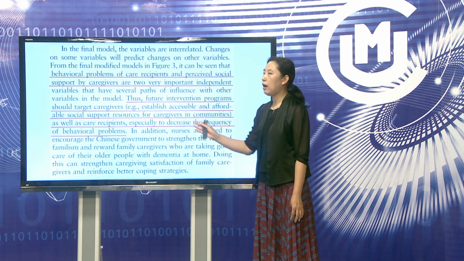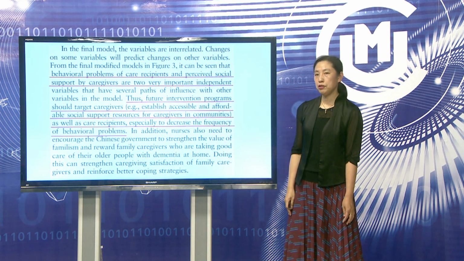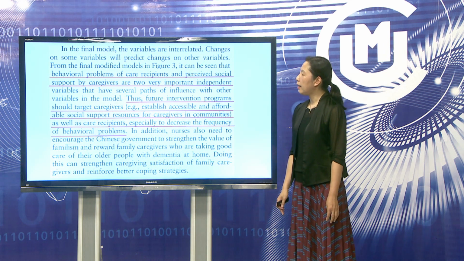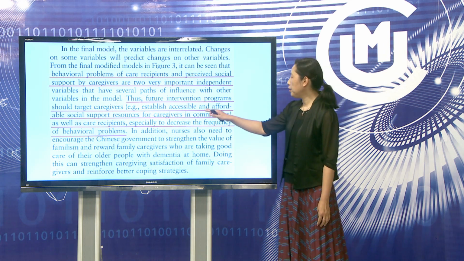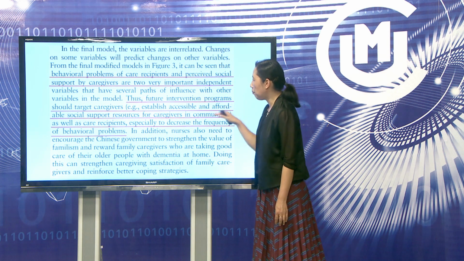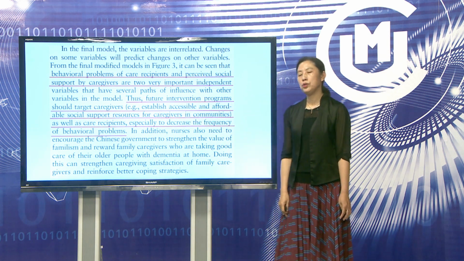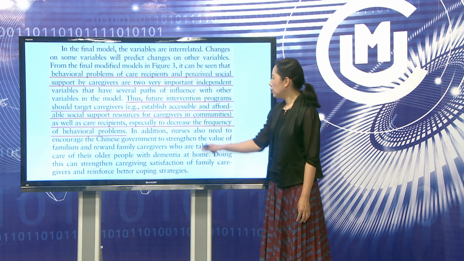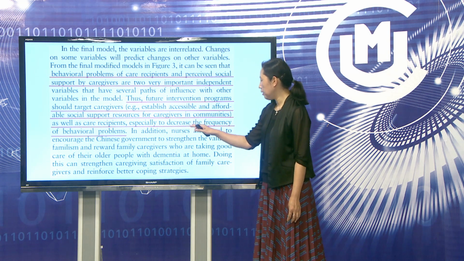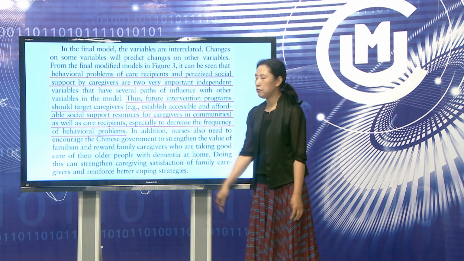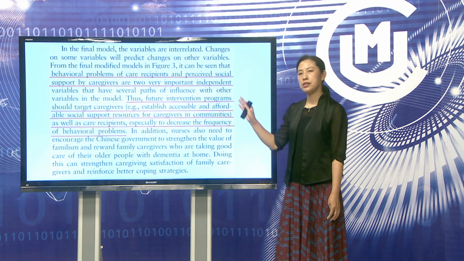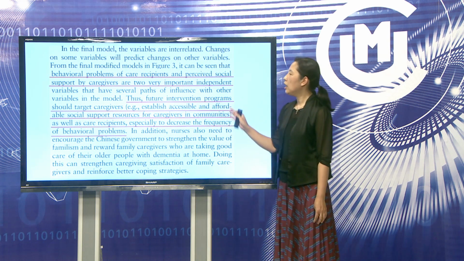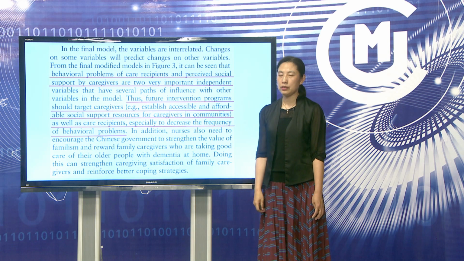So from this part, you may tell that in a future study, you may design some interventions to increase accessible and affordable social support, or help the caregivers to cope, to decrease the frequency of behavioral problems. All the interventions you may try to see if they can reduce caregiver burden.